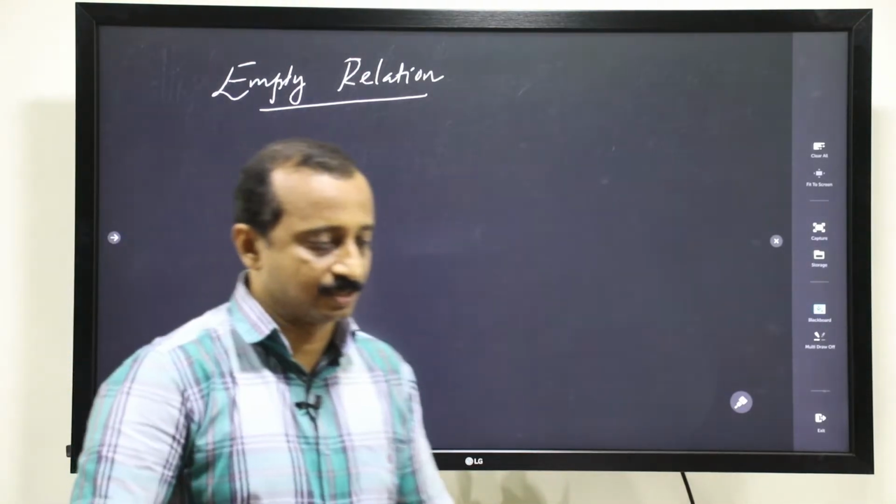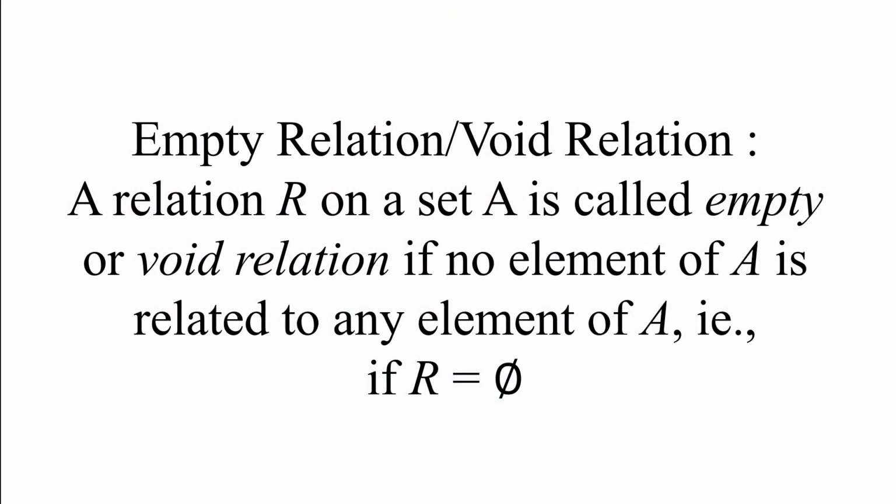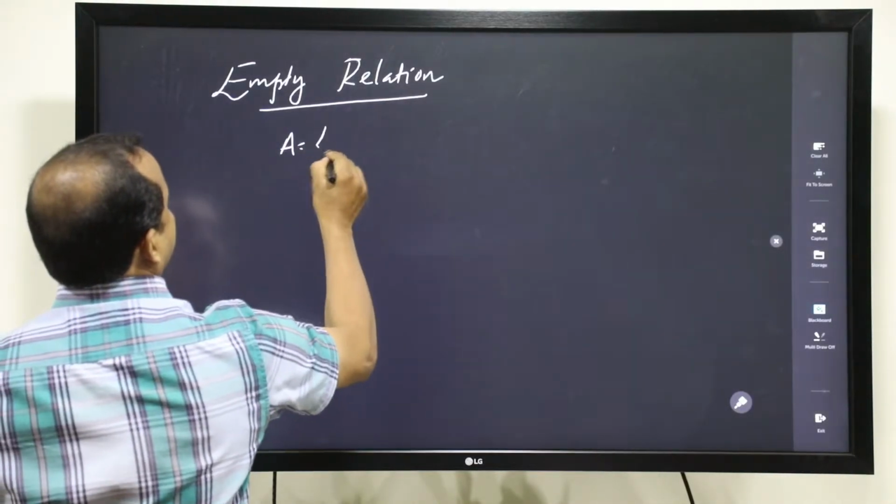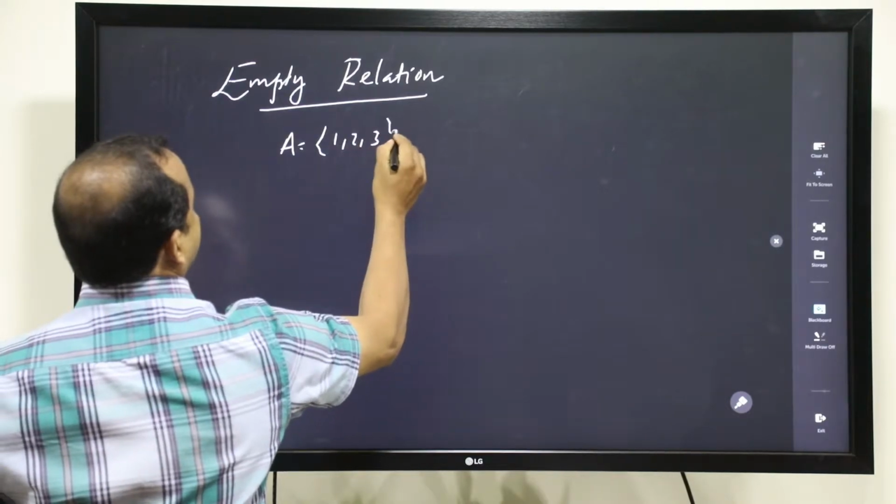What is an empty relation? A relation R on set A is called an empty relation if no element of A is related to any element of A. That means, suppose A is equal to the set {1, 2, 3}.